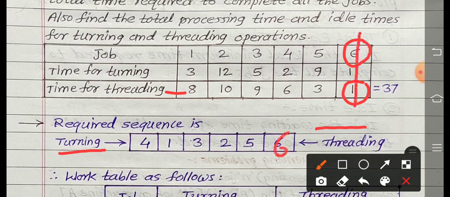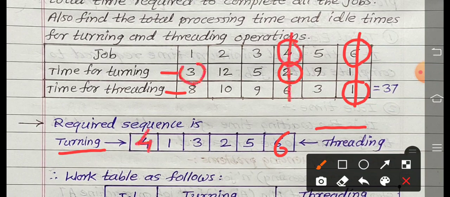Now next, which is the minimum time? Check there. The minimum time is 2. This 2 is for which machine? The turning machine, for the 4th job. That's why we write the 4th job at the first place. Cancel this column. Now the next minimum time is 3.